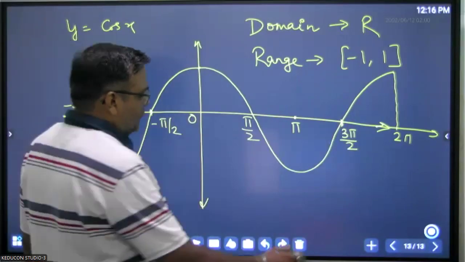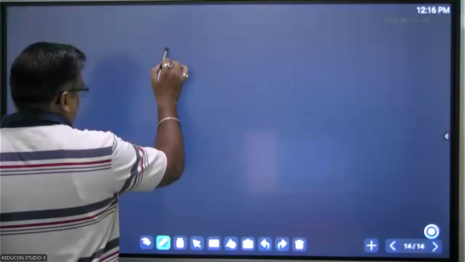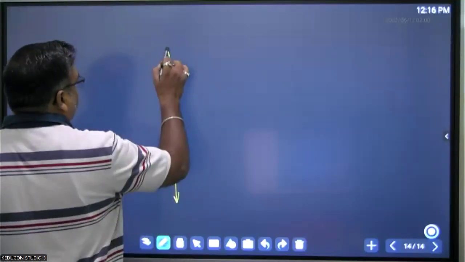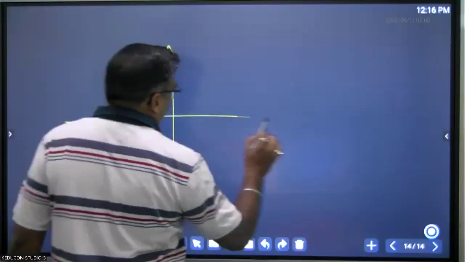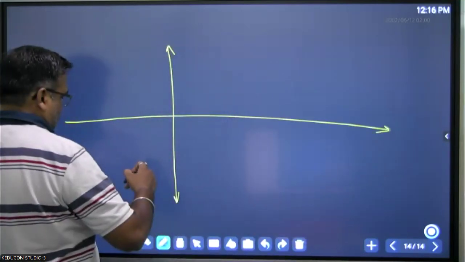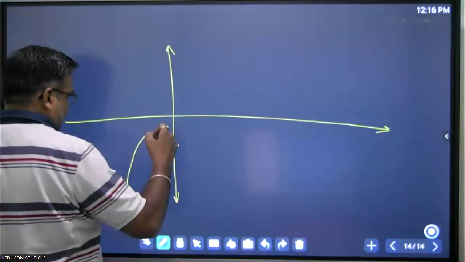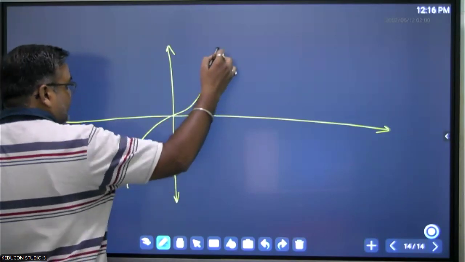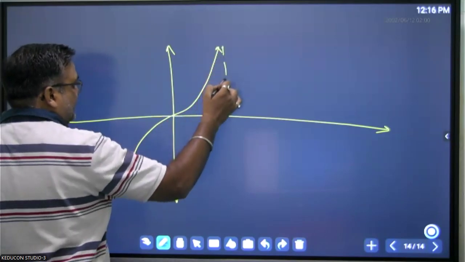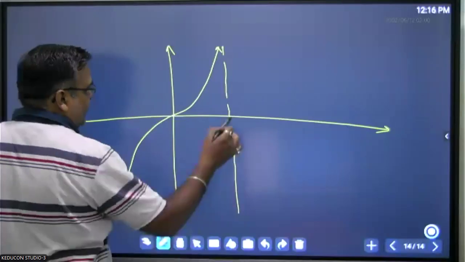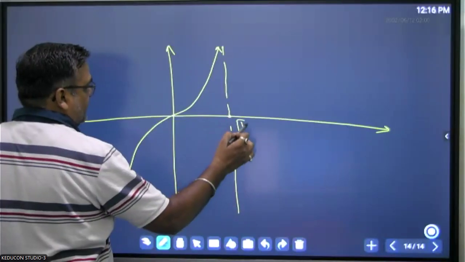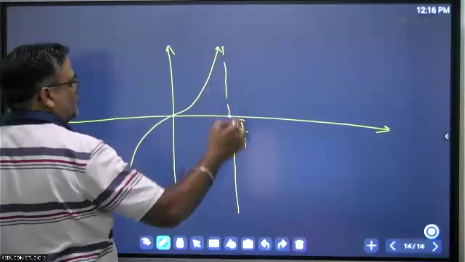Now if you go for the tan, now understand carefully, children, how graphs are made. To draw the graph of tan, it is like this. This will not touch, son, this is pi by 2 here. So this goes to infinity.